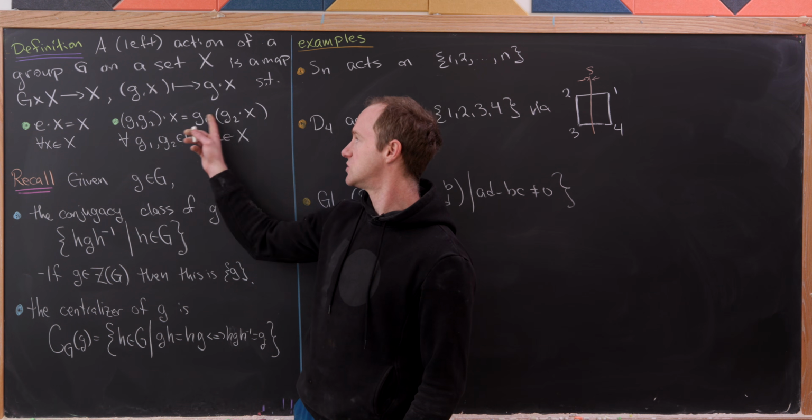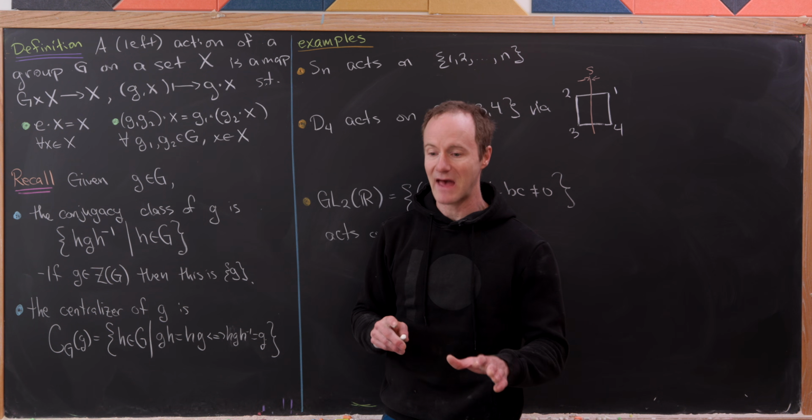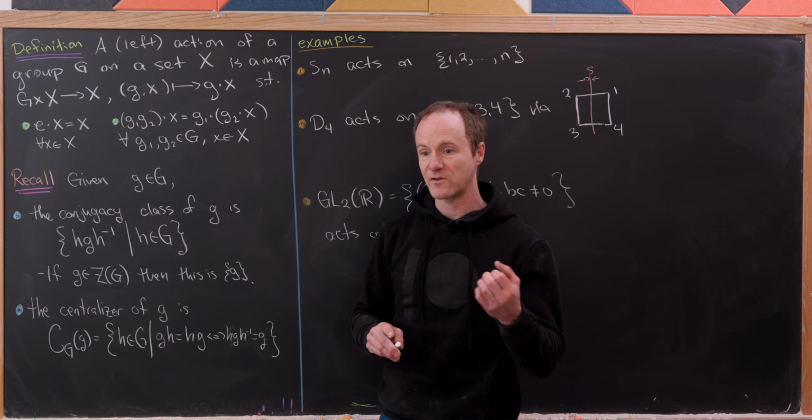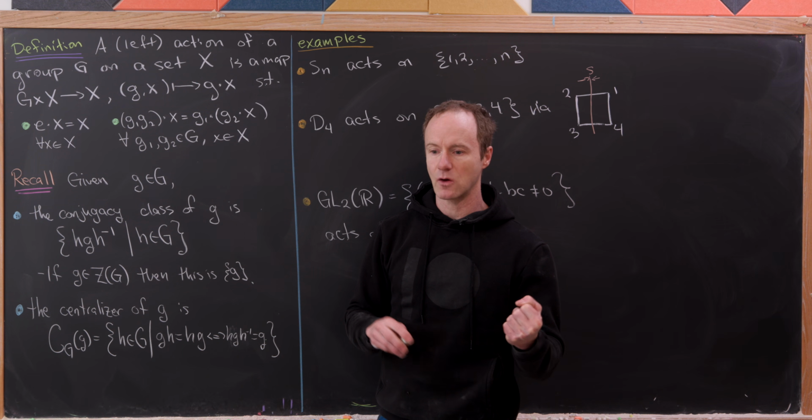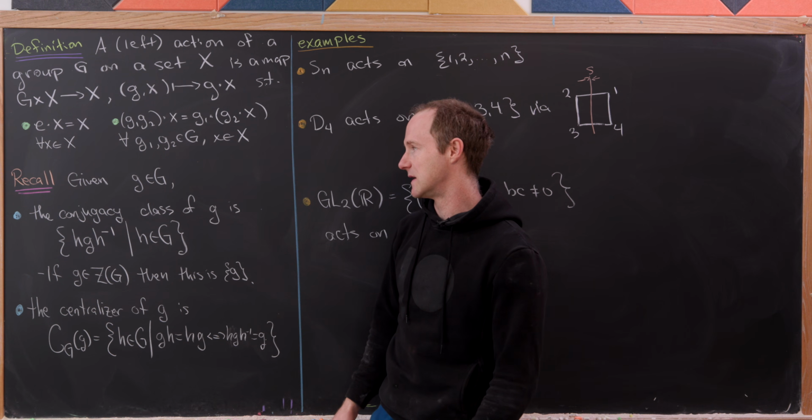So again, these two things should be the same. It shouldn't matter whether we first combine the elements of the group and then act on the set, or do it one at a time.